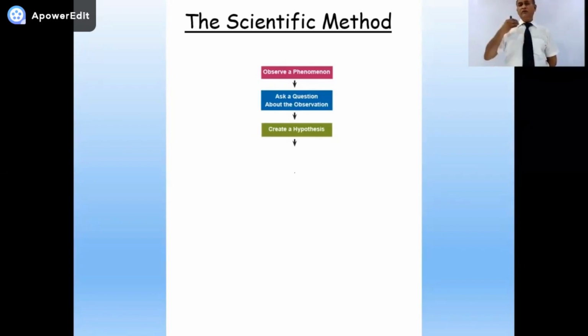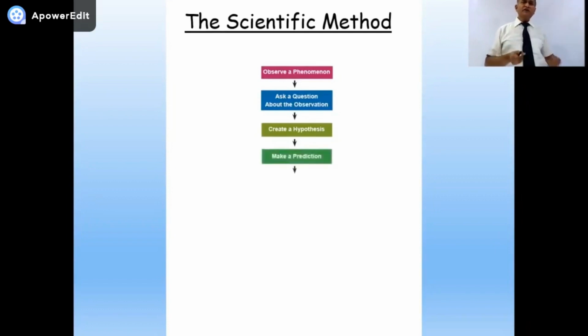Suppose you predicted it's not charged. So what will you do now? You will test your prediction. You will test your hypothesis by plugging into the electric socket. If it starts charging, your prediction was correct. If it's not, there is something wrong.